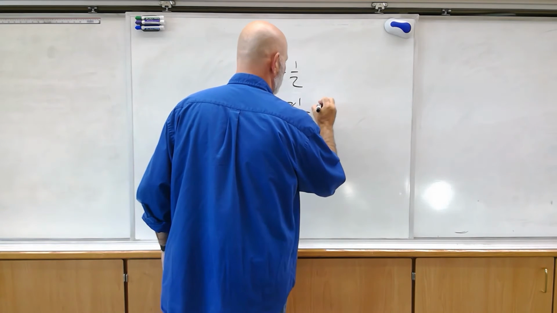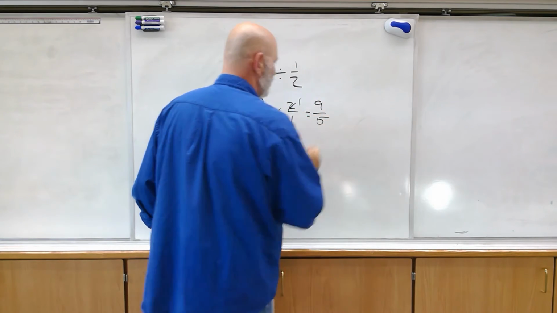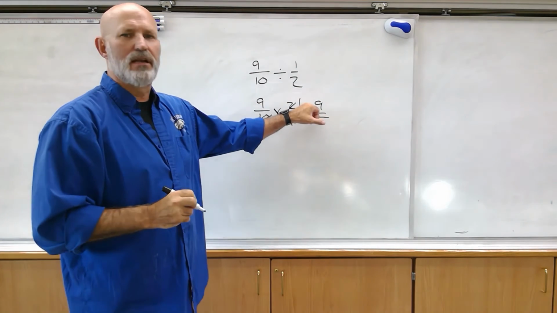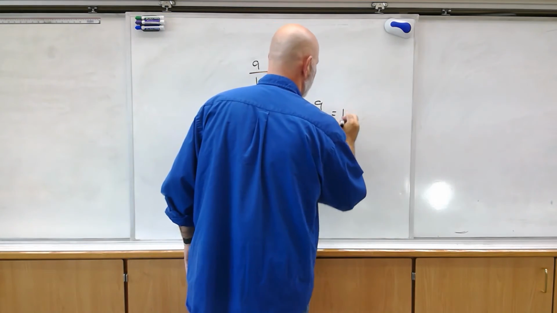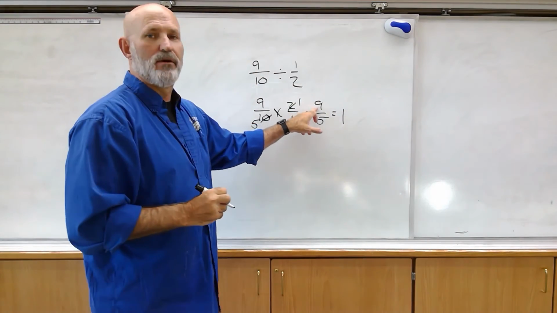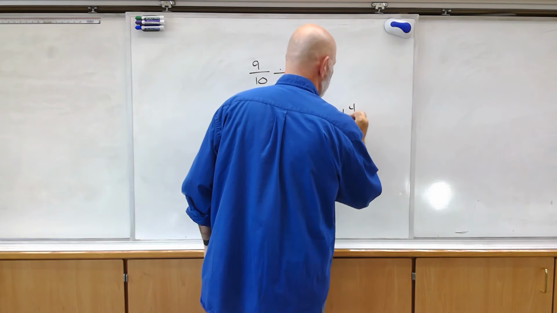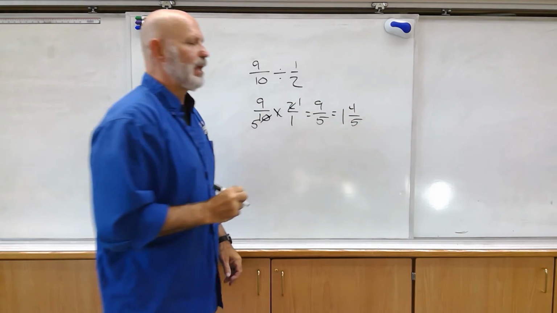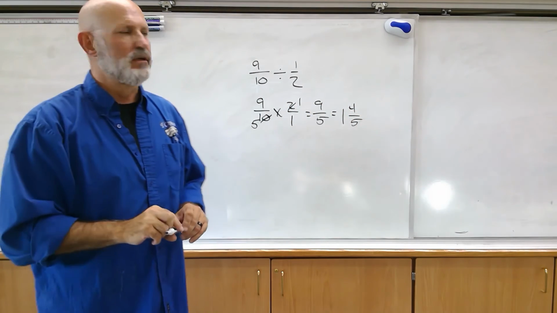So I'm just going to do 9/5, and then 5 goes into 9 one time, and I have a remainder of 4. It's just going to go over my divisor, so I end up with 1 4/5.